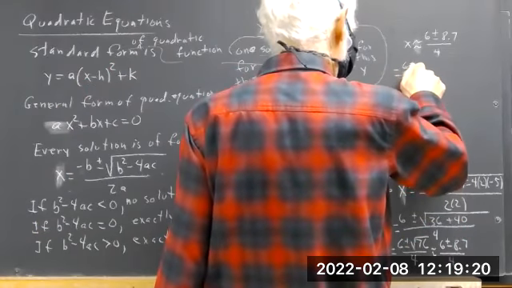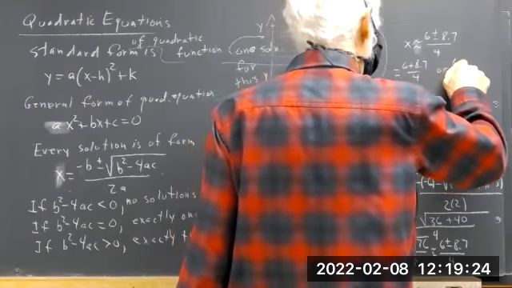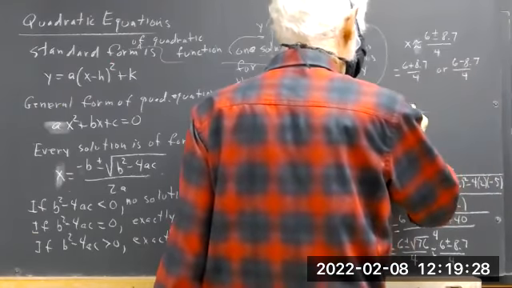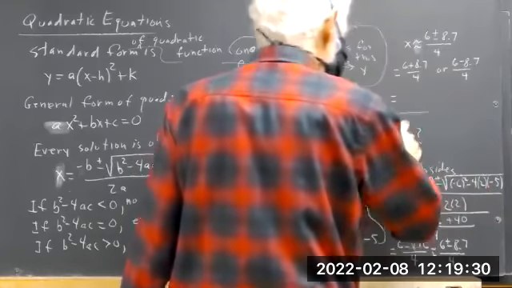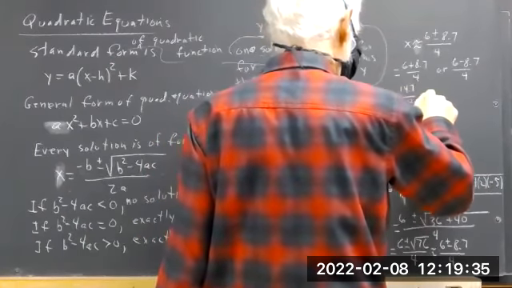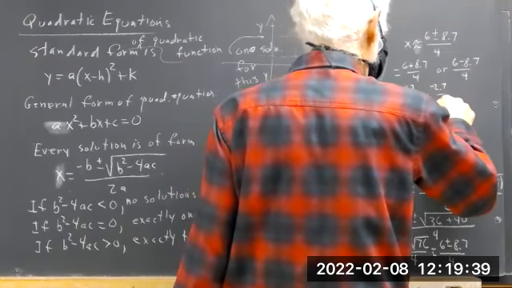Well, that's either 6 plus 8.7 over 4, or 6 minus 8.7 over 4. 6 plus 8.7 is 14.7 over 4, or negative 2.7 over 4.